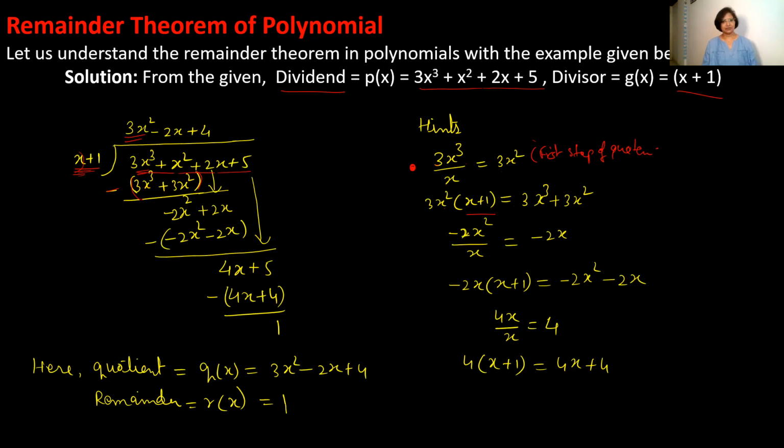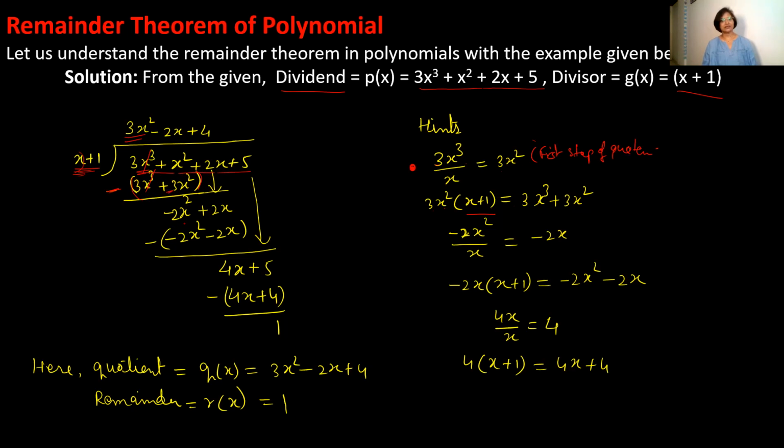For subtraction, we put it in a bracket to make it clear. Now, if you are multiplying with this minus sign, the whole expression's signs will change. So here it will be minus 3x cube, and here it will be minus 3x square. So this will cancel, and here x square minus 3x square becomes minus 2x square.